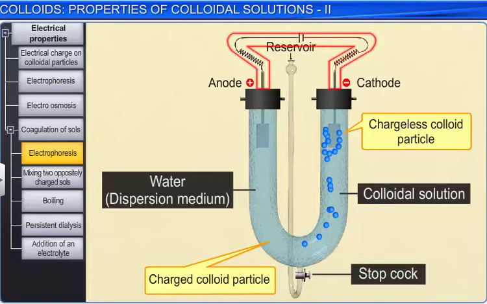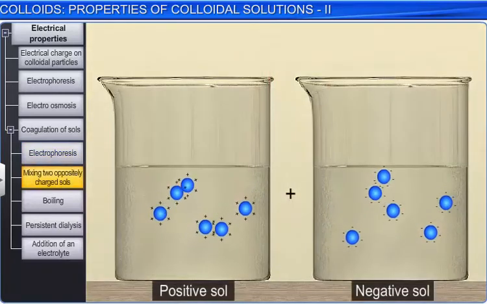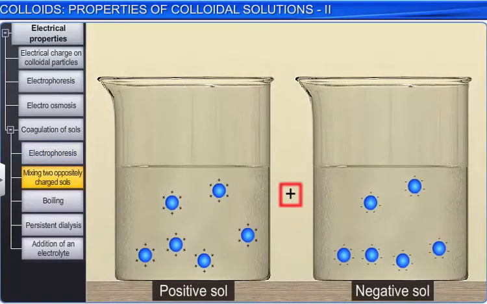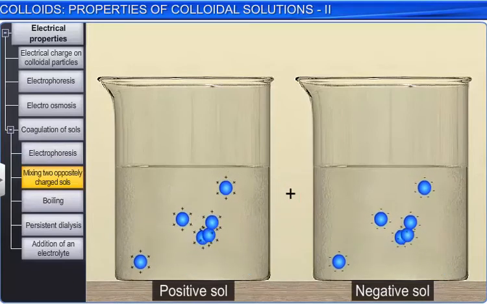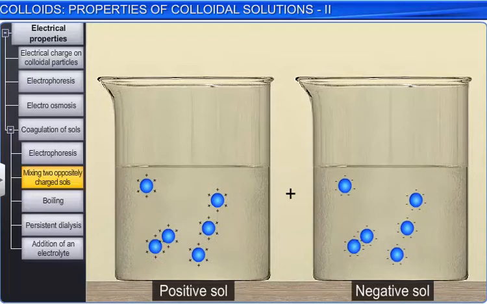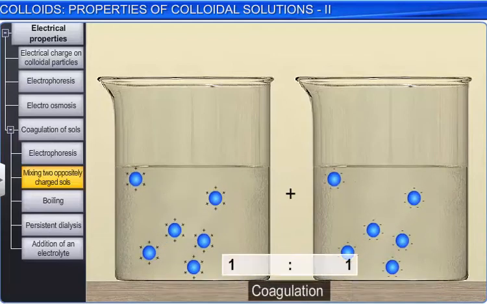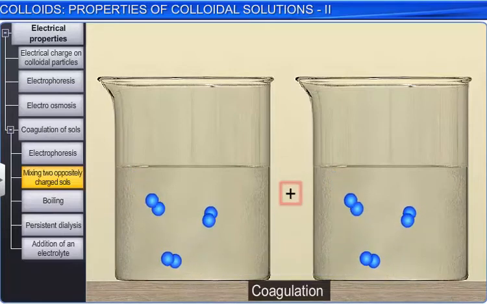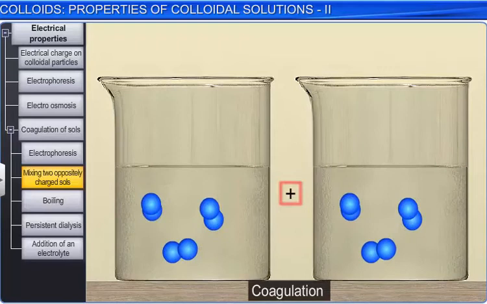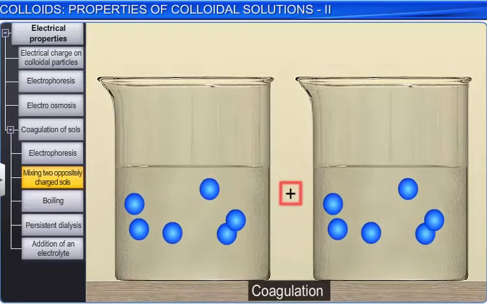Another method used to bring about coagulation is by mixing two oppositely charged sols. Mixing equal proportions of two oppositely charged sols neutralizes the charges either partially or completely, and thus causes the colloids to coagulate.